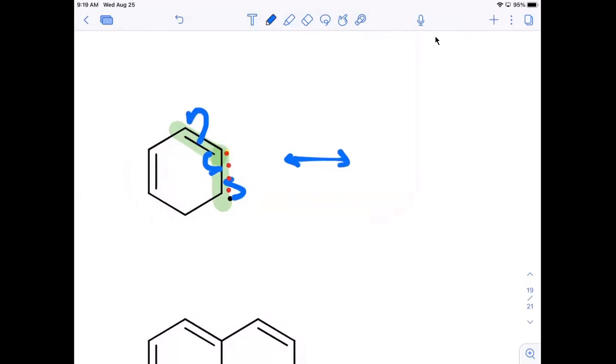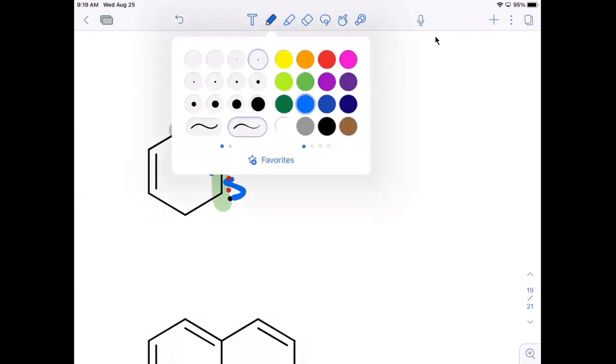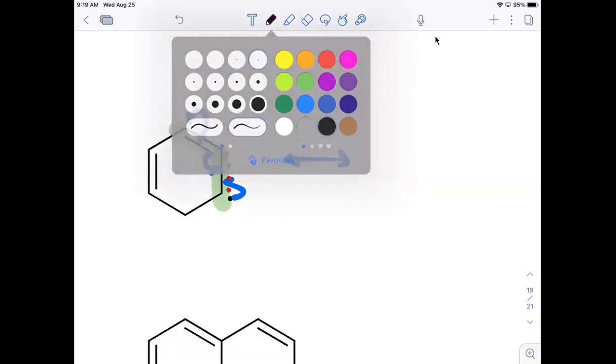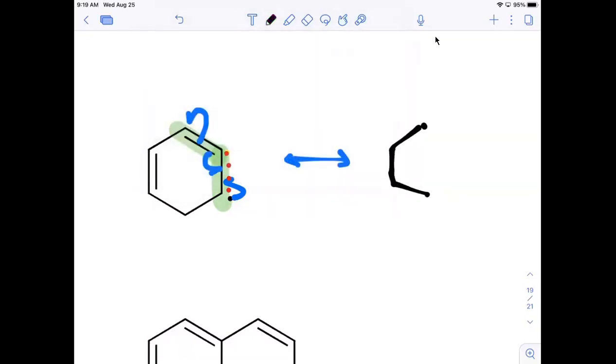It's always going to be only these three atoms that participate, where the donor and acceptor are. So now my new resonance form is going to be here with the double bond here and a radical here.